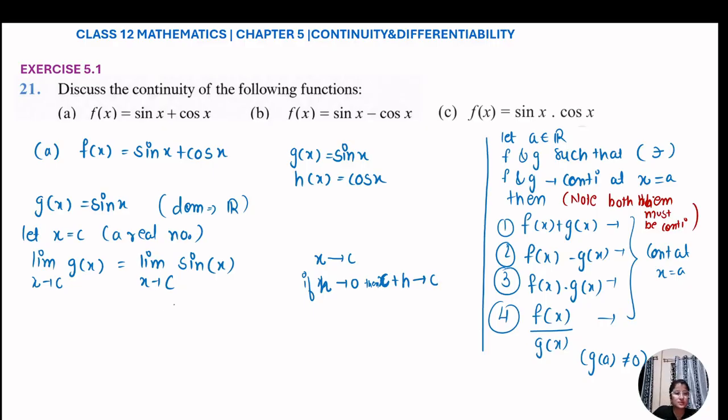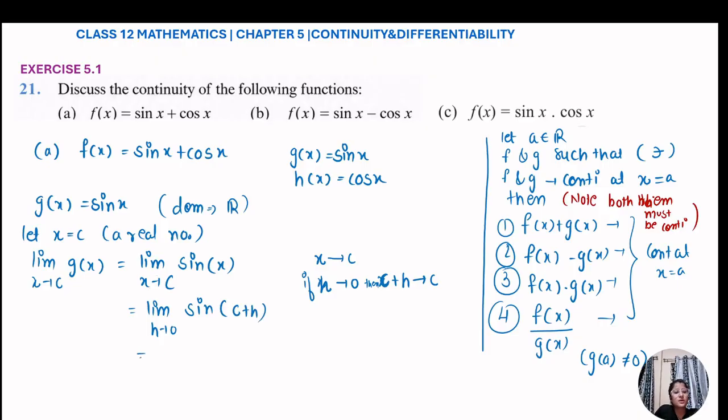So if my h tends to 0, then c plus h tends to c, and we will use this. So what we will do is the limit as h tends to 0 of sine of (c plus h). As you can see, if h tends to 0, then c plus h tends to c, which is what we want here.